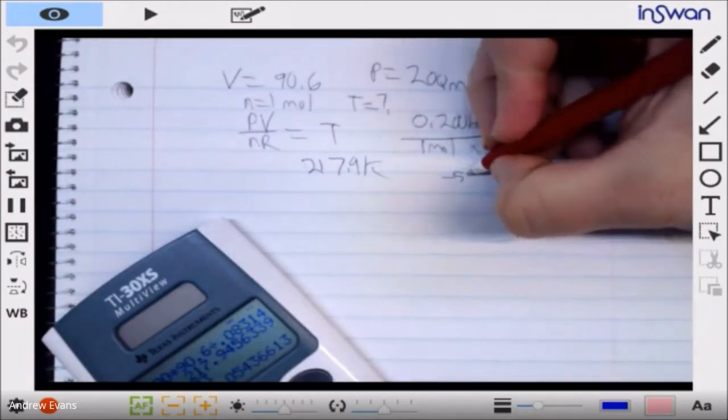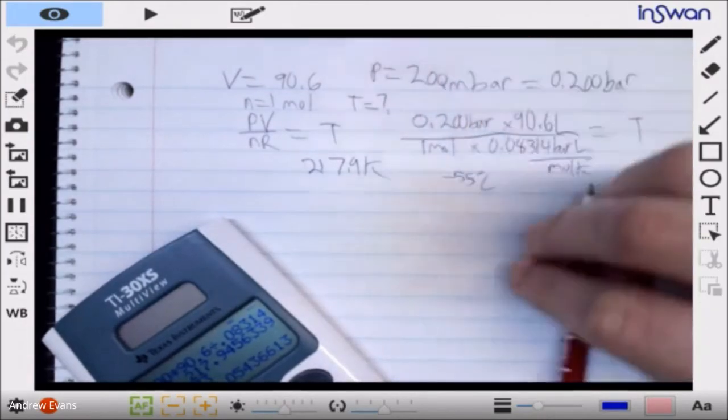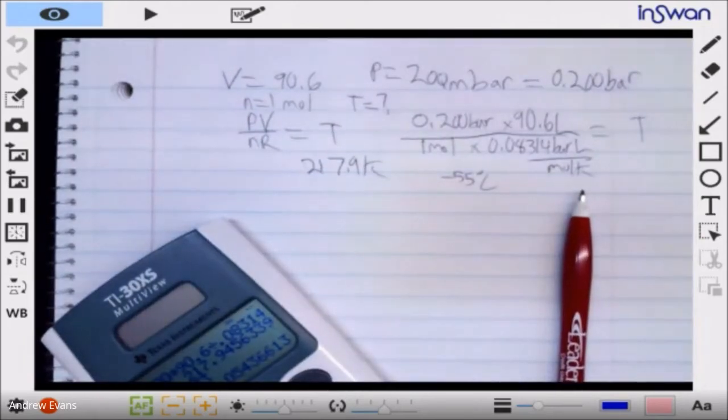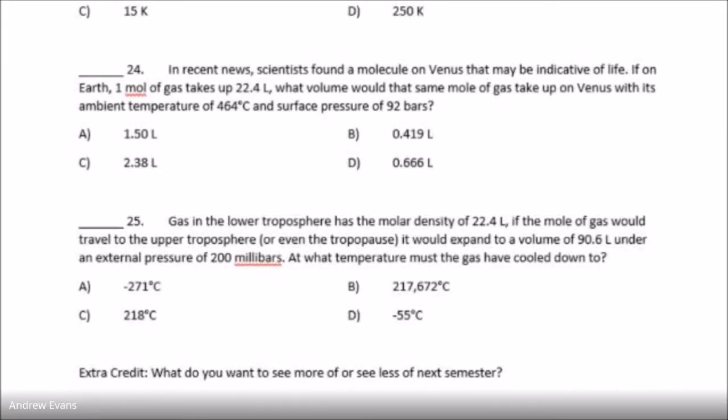I'm not sure if I need this in Celsius, but if it was in Celsius, it would be negative 55 degrees Celsius. So up in the high atmosphere, right before we have the stratosphere, we have the tropopause, we have the troposphere. If I remember right, the stratosphere is where we have all the ozone. That's where we're blocking a lot of the sunlight.